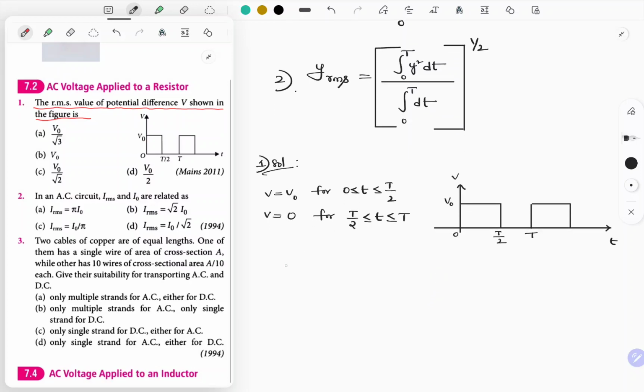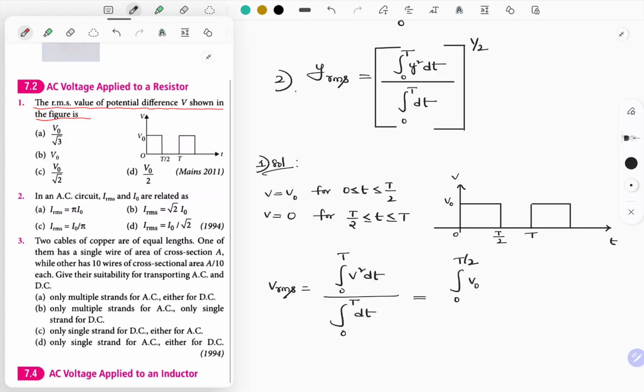Now the formula for Vrms, as I told you earlier, is the square root of integral 0 to T V square dt divided by integral 0 to T dt. So let's divide this. 0 to T we can divide as 0 to T by 2 and T by 2 to T. From 0 to T by 2, what's the value of potential?